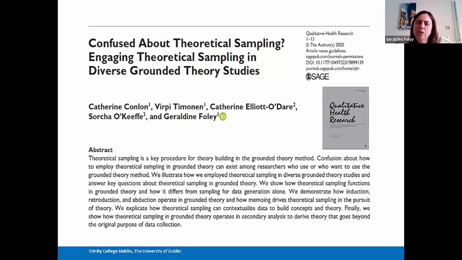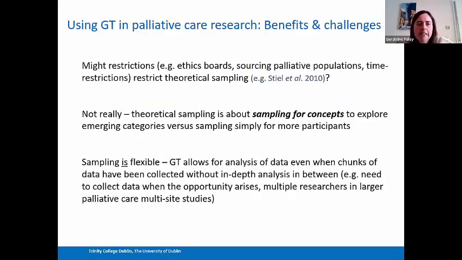So it's very much an instructive or didactic paper, again aimed at people who are perhaps at the stage of doing a piece of GT research and beginning to theoretically sample and to understand that better. Unfortunately, it's not open access, so it was quite expensive, so we couldn't afford that.